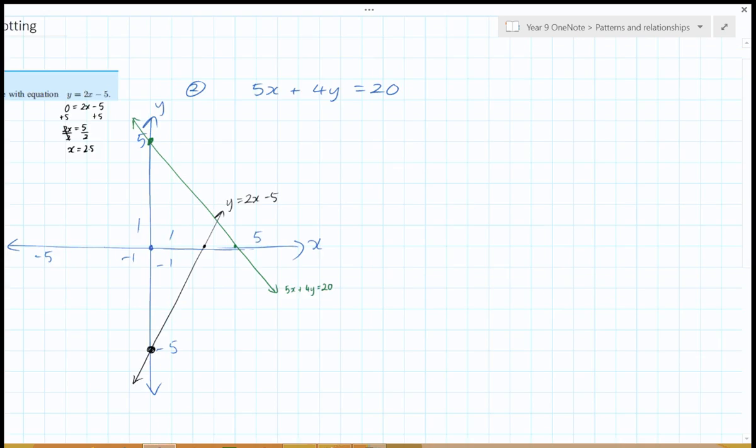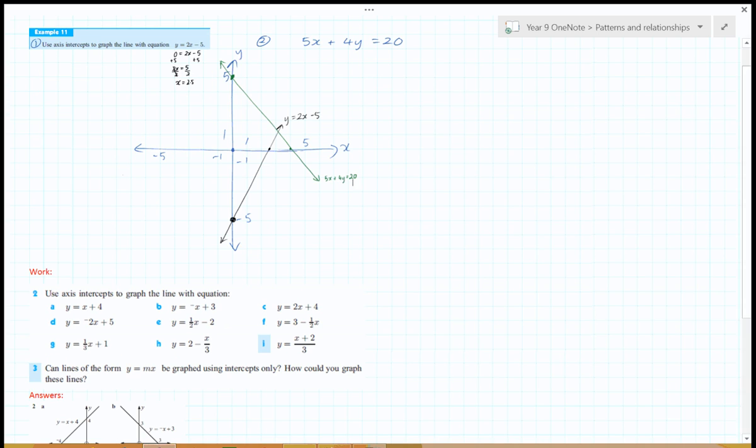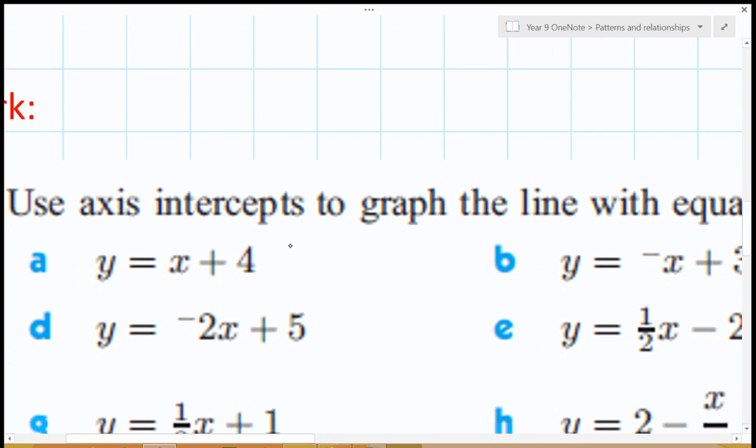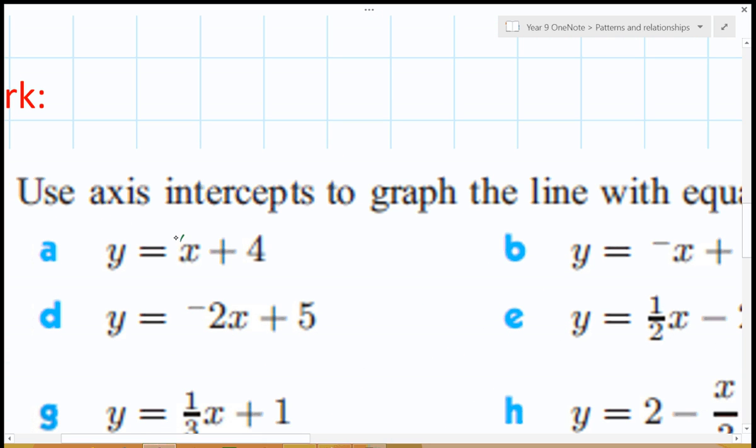Now underneath here you've got some work. What you need to make sure when you're doing these is that you cover up one of the variables with your finger, and that will give you the answer for the intercept. If I covered up y for this one, what's my x-intercept going to be? Is it going to be 4?